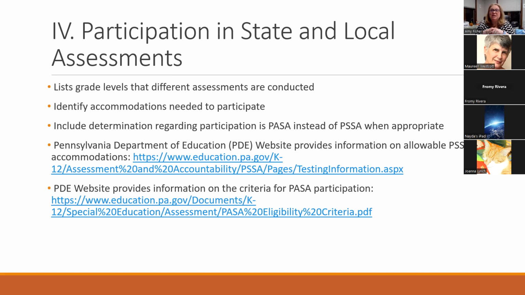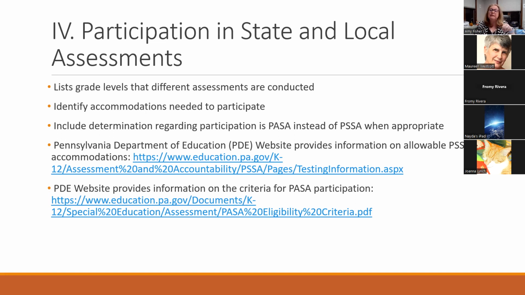There are certain accommodations that are allowed by the PSSA. So there are certain things you can put in an IEP to support a student taking standardized tests, and there are certain things that you cannot. I thought rather than go through the list here, I would provide the link for those allowable accommodations for PSSAs.